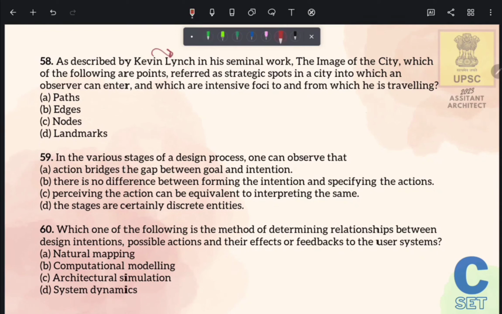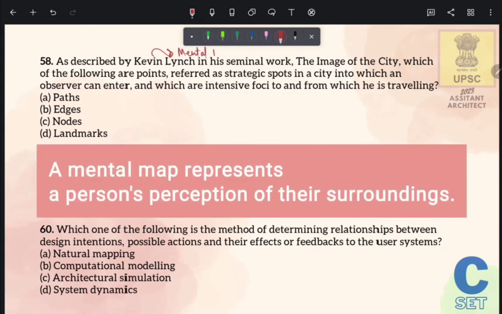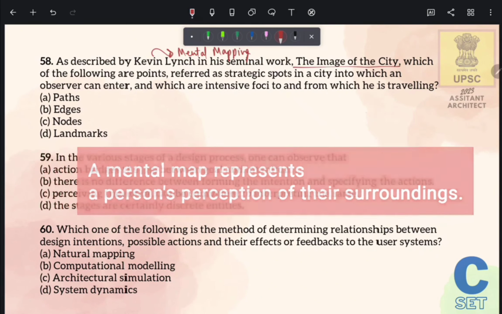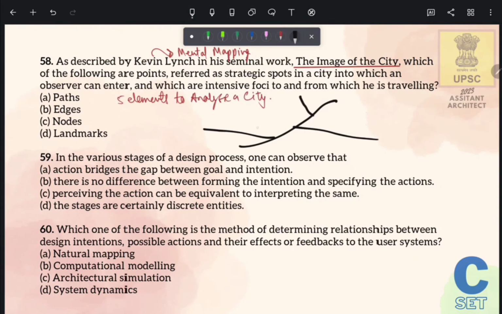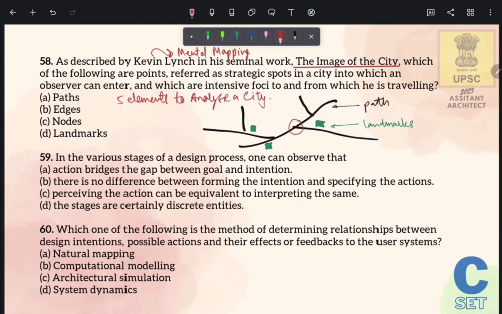So Kevin Lynch was an American urban planner and author who is associated with mental mapping, and in his book Image of the City, he gave the 5 elements to analyze the city, and those 5 elements are path, which used to connect one place with another. Then in a city there will be some landmarks which can be used to describe that place. Also there will be places which act as junction or nodes.